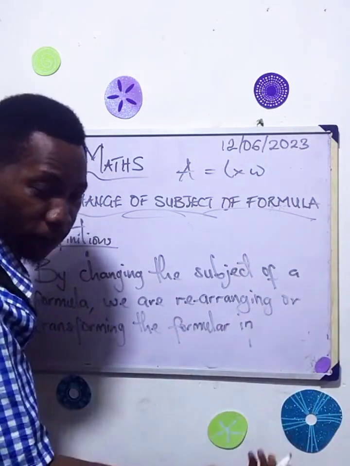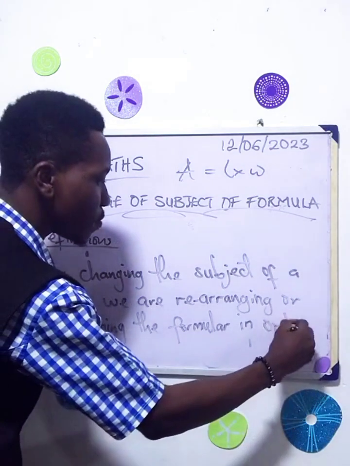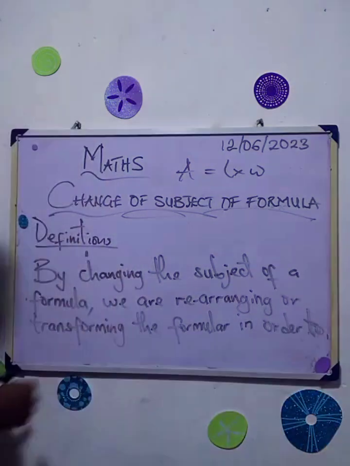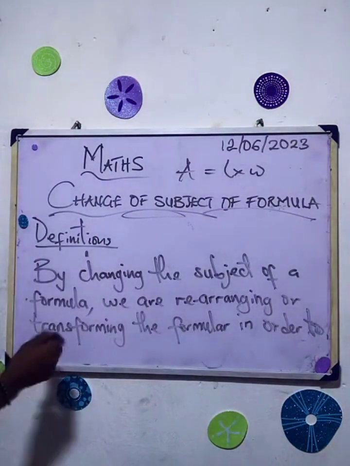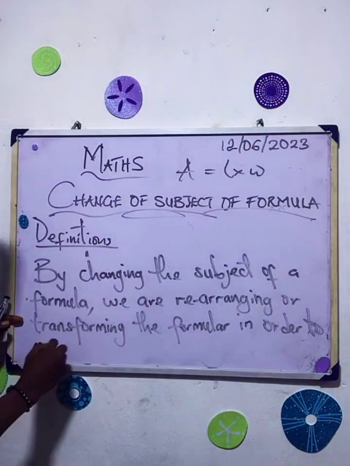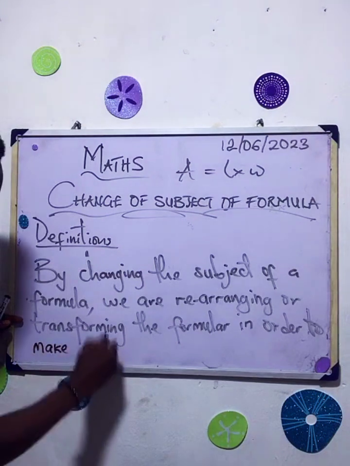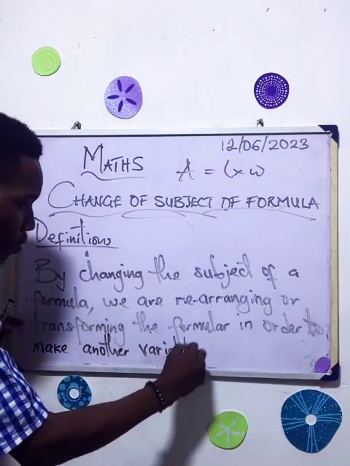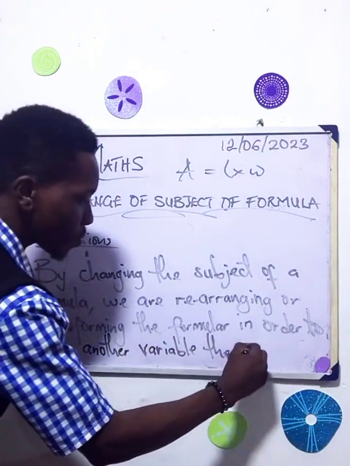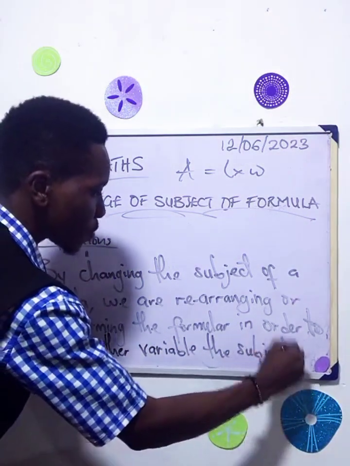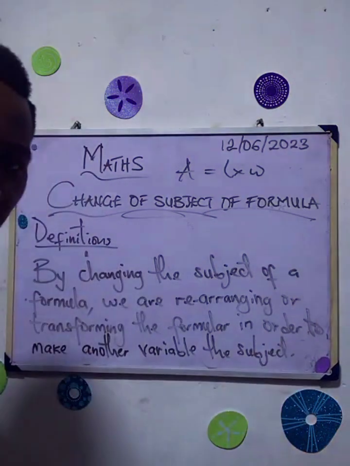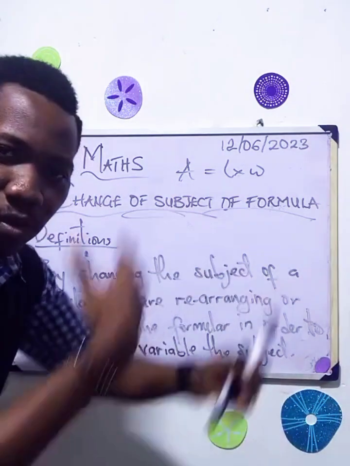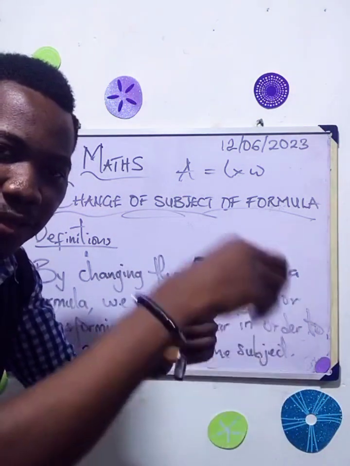Why? For what purpose? In order to make another variable the subject. So that's what change of subject of formula is about. It's about the transformation of a formula.